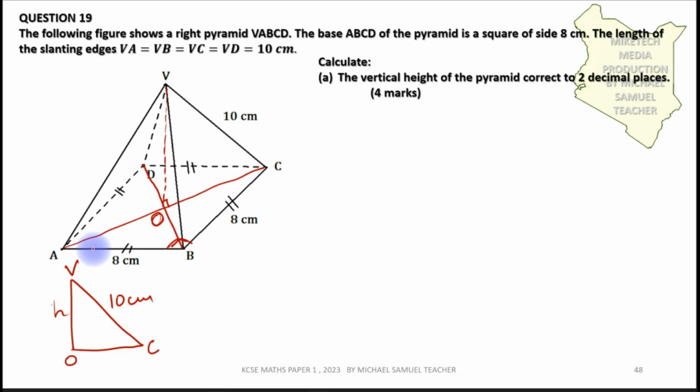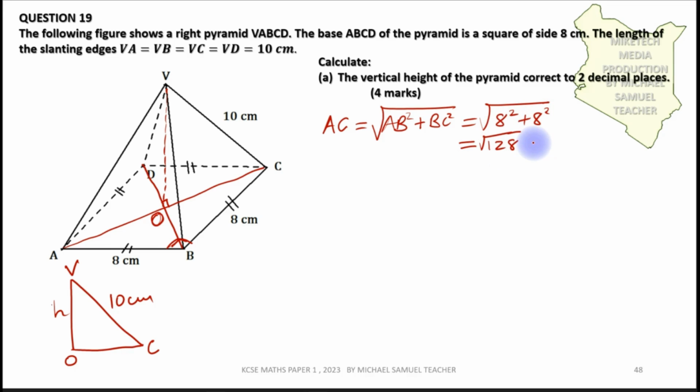AC will be given by the square root of AB squared plus BC squared, which is the square root of 8 squared plus 8 squared. So we end up getting the square root of 128, since 64 plus 64 is 128. Using a calculator, we get 11.31 centimeters.